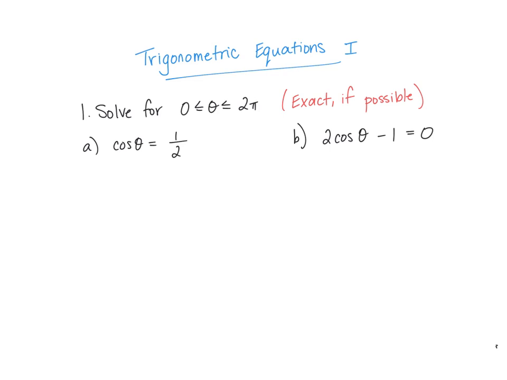Okay, so let's go through question A. We should be able to answer this question quite quickly. Cos is positive where our adjacent side is positive, so I know cos is positive in quadrants 1 and 4. It's adjacent over hypotenuse.